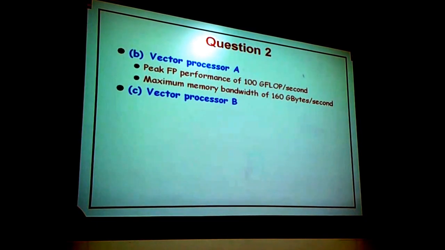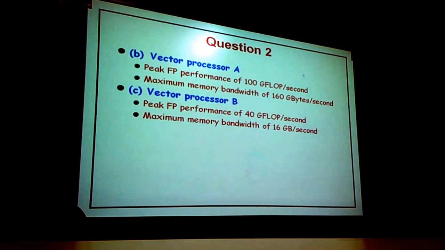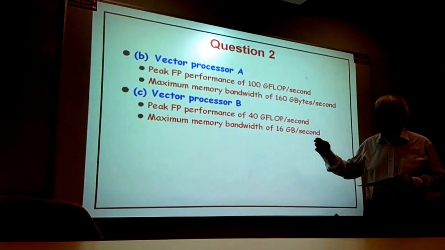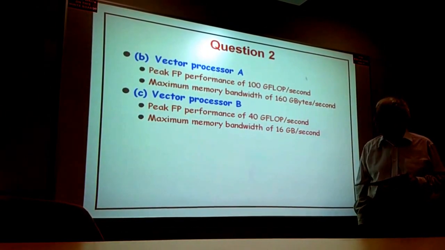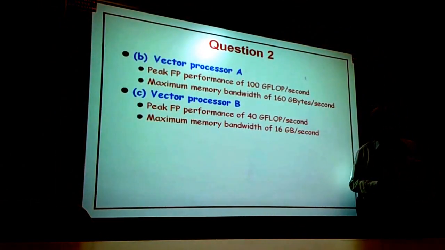And we're given another vector processor B. This one has a peak floating point performance of 40 gigaflops per second, and a maximum memory bandwidth of 16 gigabytes per second.